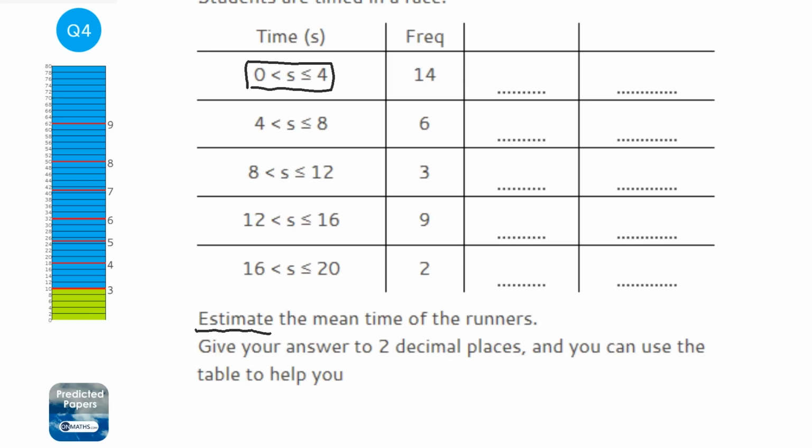This means that we've got a value somewhere between 0 and 4, including 4 but not including 0. Now the problem is that the first step in this method is to multiply these two numbers together, but you can't times somewhere between 0 and 4 by 14. So what we need to do first is find the midpoint. The reason we pick the midpoint is it's a good number to use to represent that group.